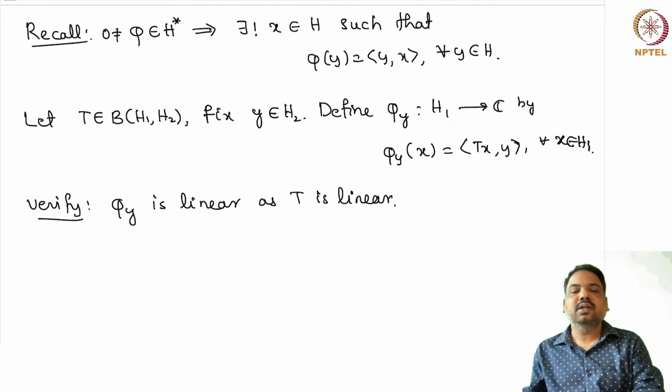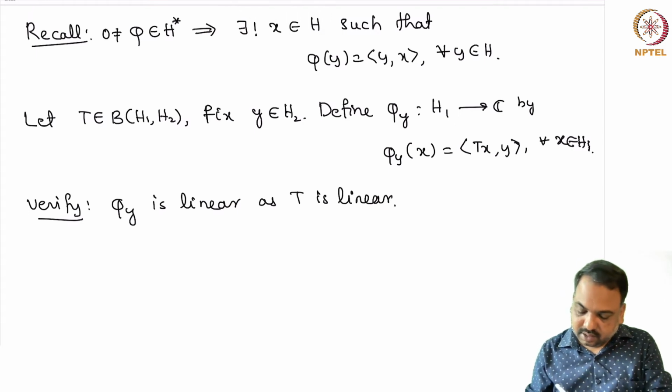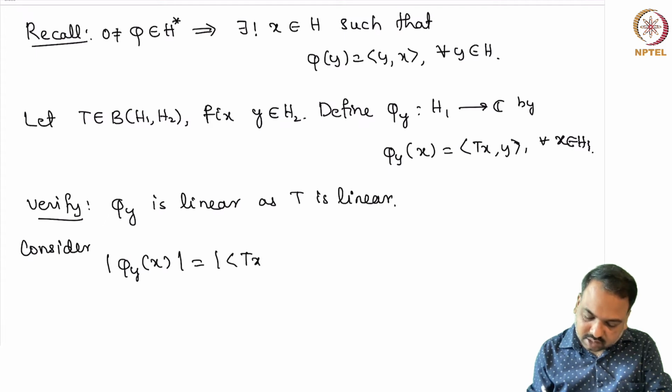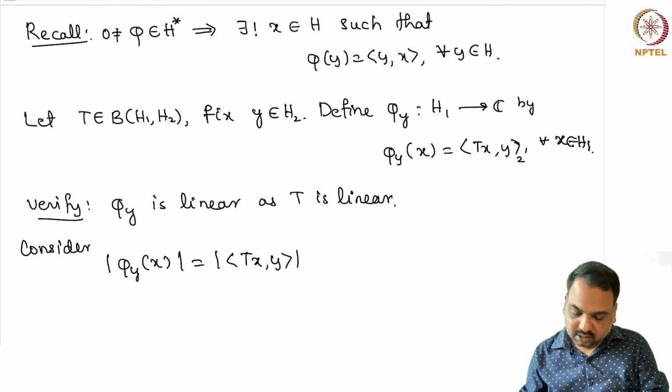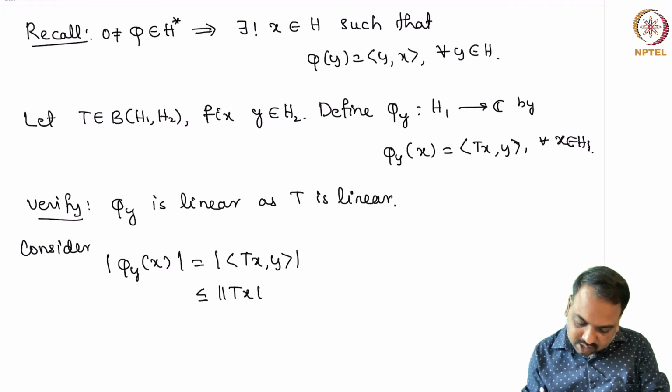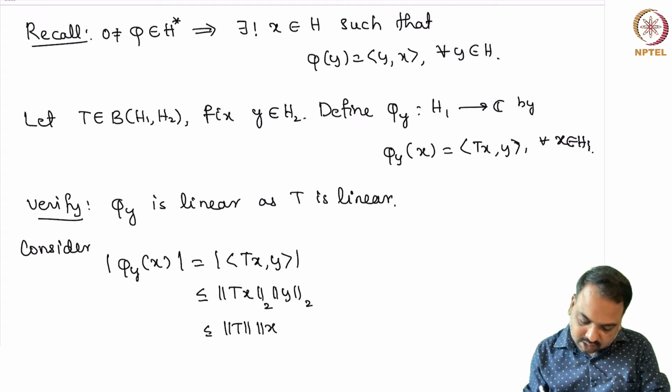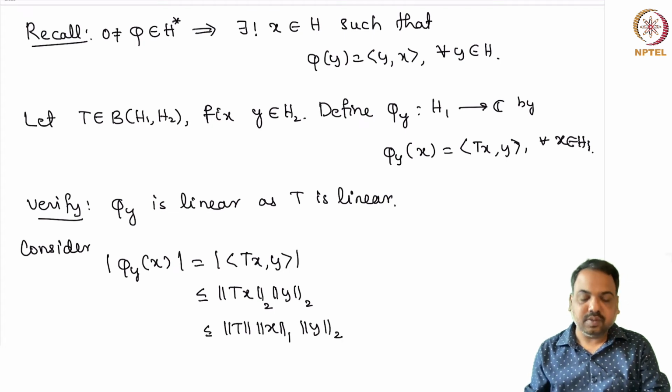The next question we can ask is whether it is bounded or not. So let us look at the modulus of phi y at x, which is the modulus of the inner product of Tx with y. This is the inner product in the second Hilbert space, though it is not required to say so. This is less than or equal to norm Tx multiplied by norm y, which is less than or equal to norm T into norm x in the Hilbert space 1, times norm y in the Hilbert space 2.